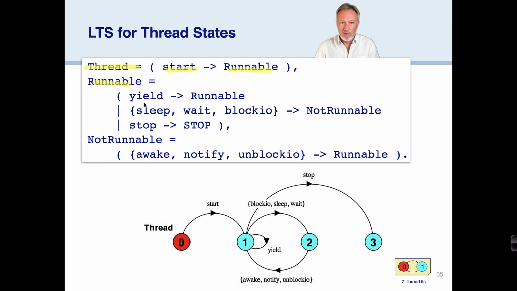A runnable can do a yield, stay runnable, sleep, wait, or block I/O, become not runnable. And not runnable can awake, notify, or unblock to become runnable again. And from runnable, we can have a stop action and become the stop process. And this is exactly the behavior of our Java processes. And we can see it very nicely here in this diagram.